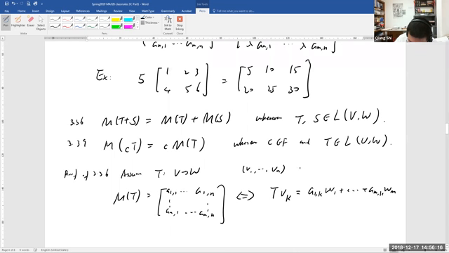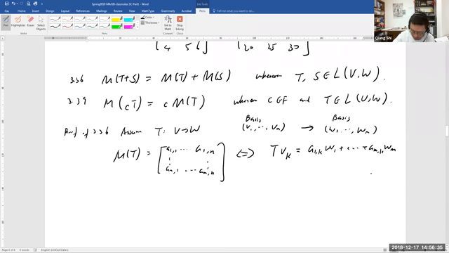We're trying to be consistent with before. So this is the basis, and the other basis is W1 up to Wm. Okay, so we're good. By the definition, this is how we formed this matrix M of T.